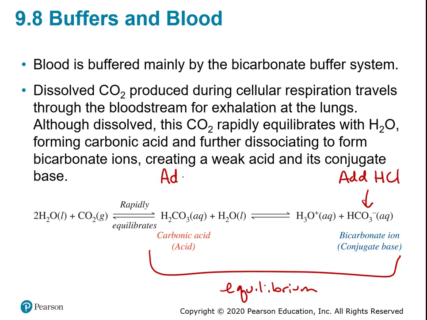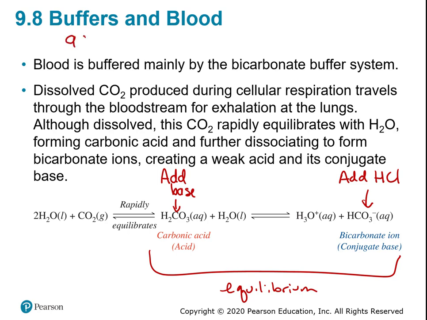If you add base, then the acid part of the buffer kicks in and helps to neutralize it, keeping it from changing. By having both an acid and its conjugate base present, they can both react to acid and base that come into play, and they try to maintain this equilibrium, this balance. The result is that the pH doesn't change very much.